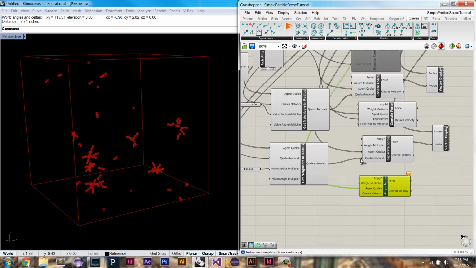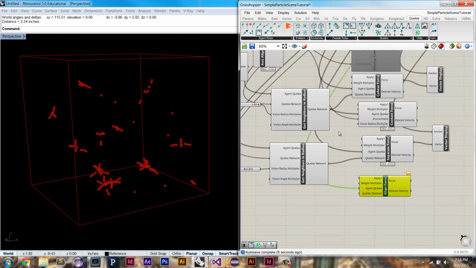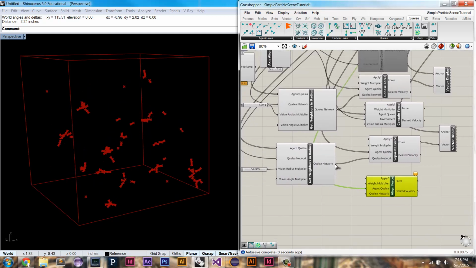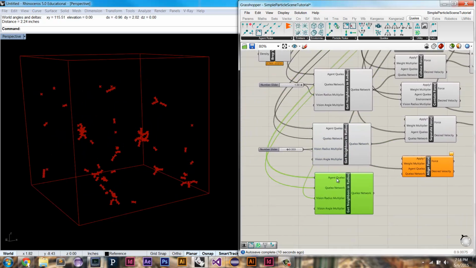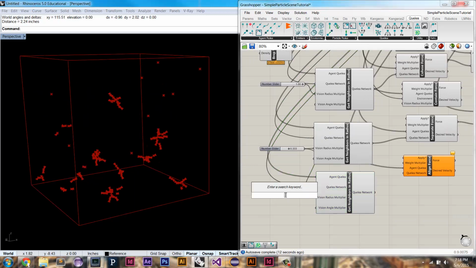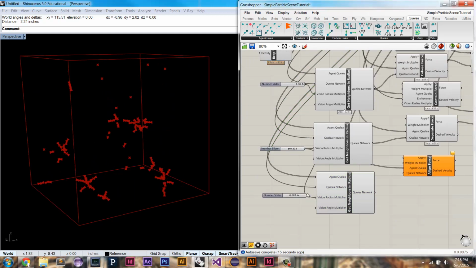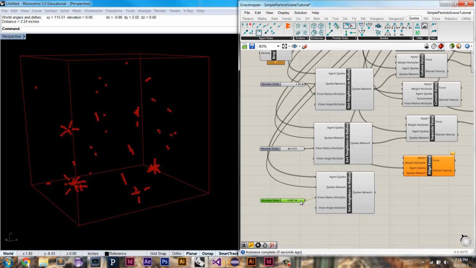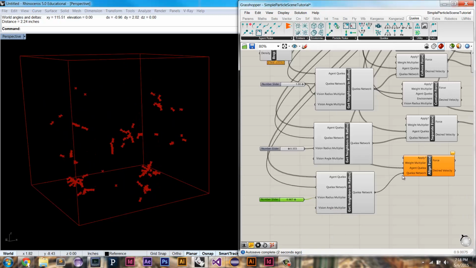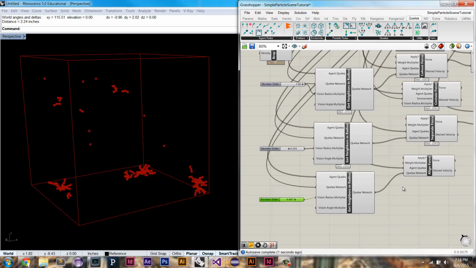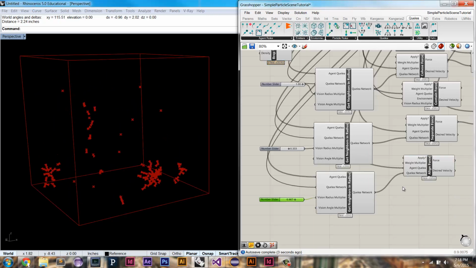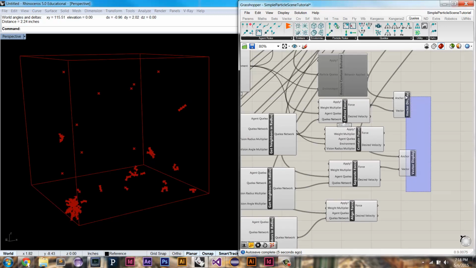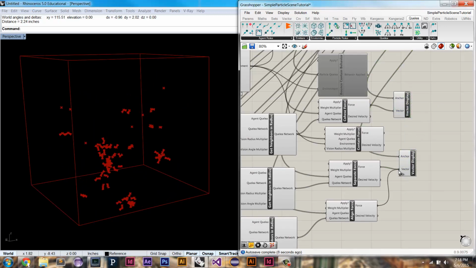By aligning your velocity, you have less of a chance of colliding, right? Here, usually the good rule of thumb for this one is to be about 2/3 of the cohesion radius multiplier. Let's plug that in here, and we'll see that they now all travel in generally the same direction. And I think we kind of get the point here.